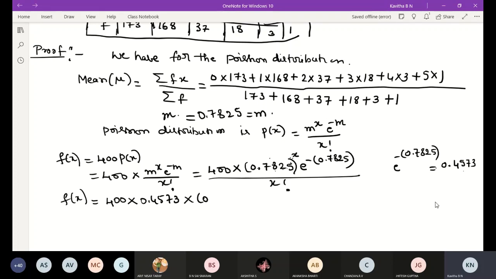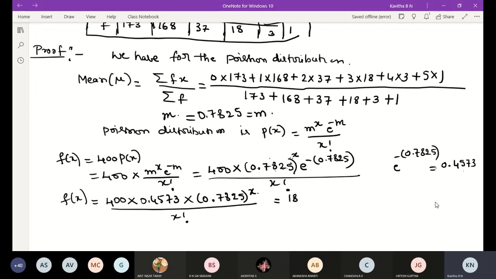Then into 0.7825 whole to the power of x, whole divided by x factorial. Then what do we get for 400 into 0.4573?